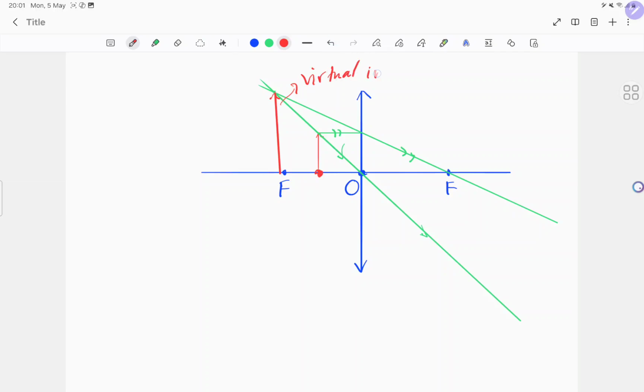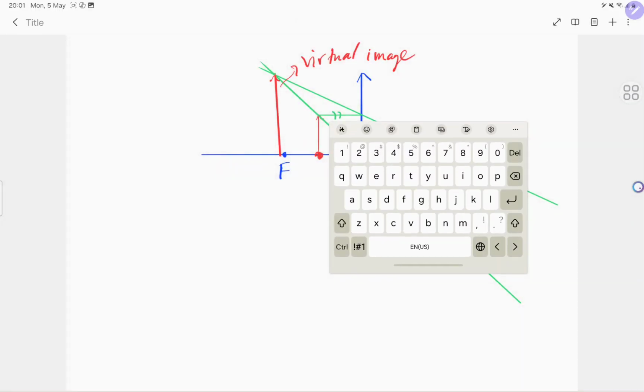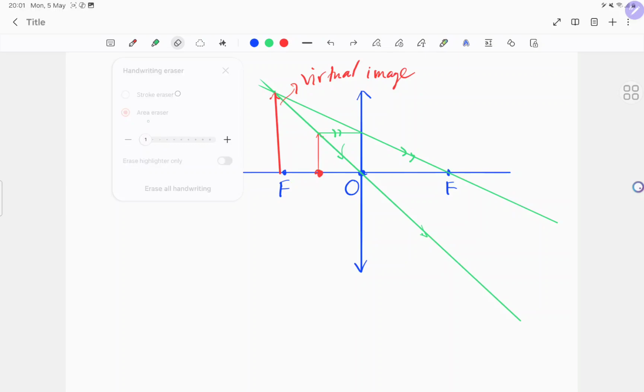For a virtual image, you don't draw a full line, but instead a dashed one. Remember that. A dashed one like this. And also the lengthened part of the two rays must be in dashed line because they're not real.